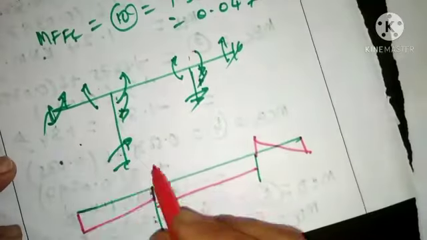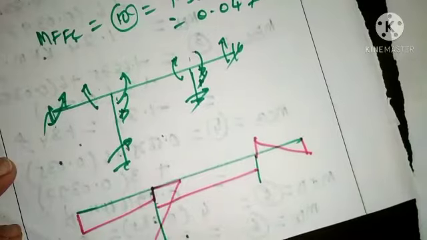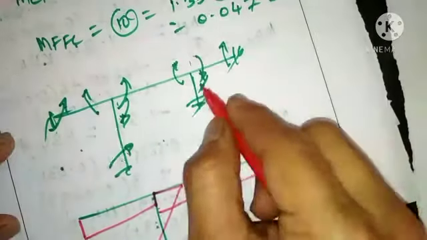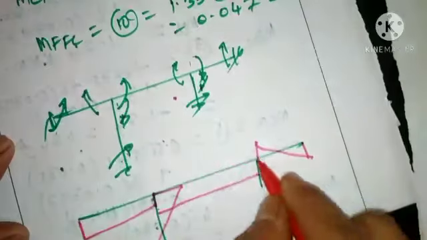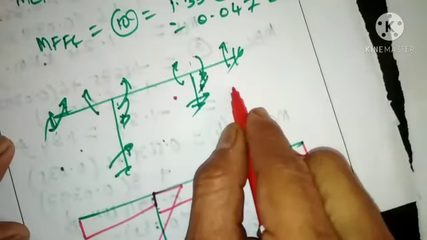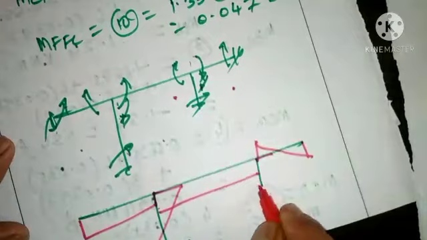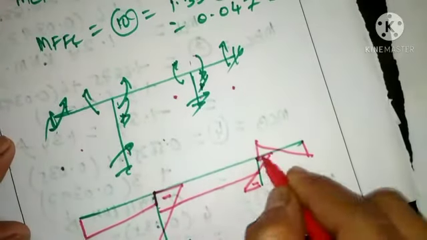As the arrow is towards the left hand side, the bending moment diagram will come towards the right hand side. As the arrow is towards the right hand side, the bending moment diagram will come towards the left hand side. So this will be negative, positive, positive, negative, negative, positive.